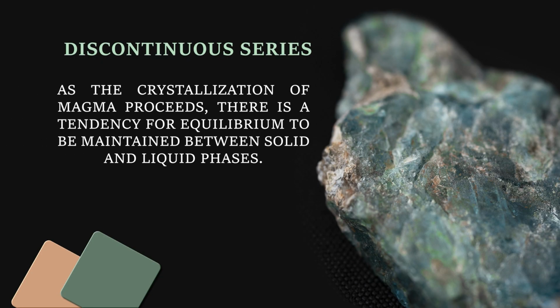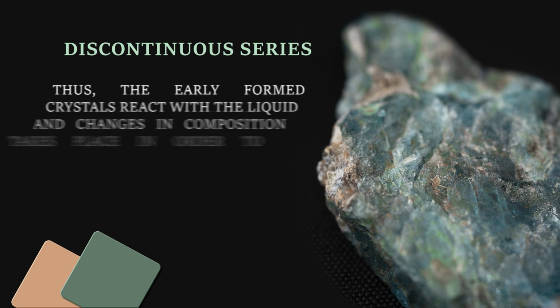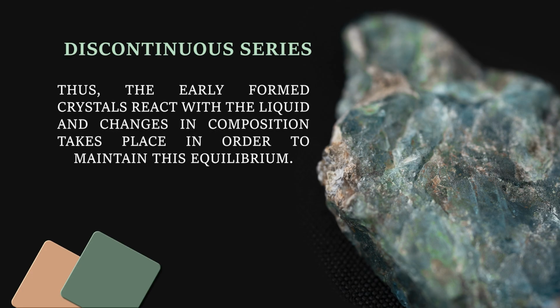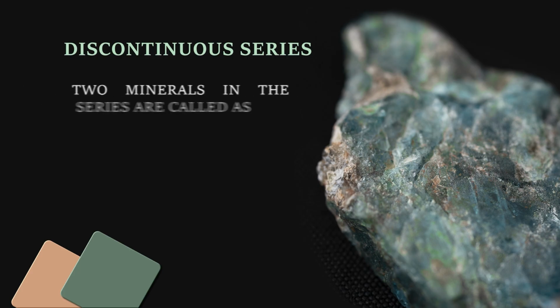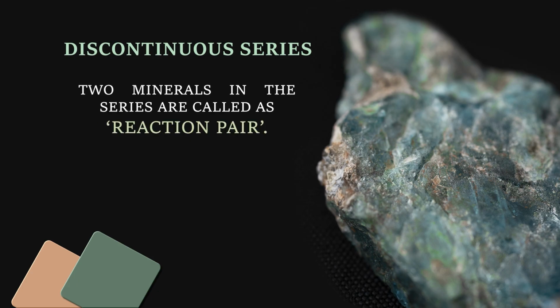As the crystallization of magma proceeds, there is a tendency for equilibrium to be maintained between solid and liquid phases. Thus, the early formed crystals react with liquid and changes in composition take place in order to maintain this equilibrium. So these two minerals are called a reaction pair.